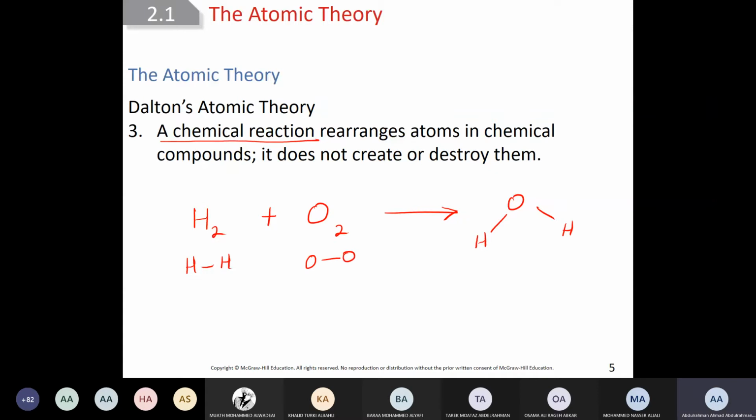They exchange the atoms together, and we need to balance it. This is how the chemical reaction takes place. So what is the definition of chemical reaction by Dalton? Rearranging atoms in chemical compounds, or exchange of atoms. Exchange or rearrangement of atoms. Good.